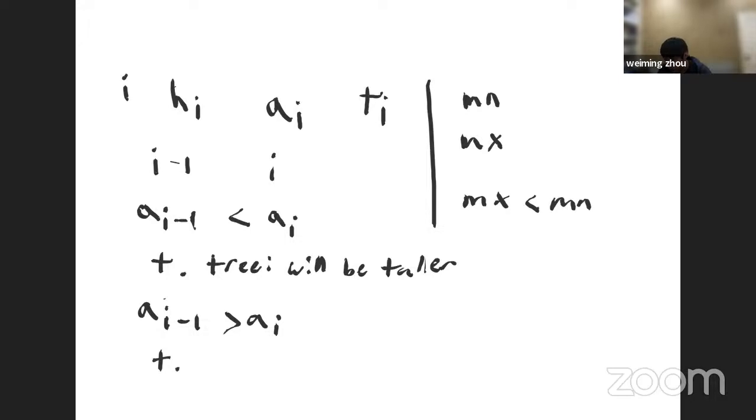It might be possible that at time 0, the i minus 1 tree is already taller. But if that value is positive, then the answer cannot be lower than this time, since if it's lower, then h of i minus 1 is still smaller than h of i. So we can use this to update mn, and I'll get to how we calculate that later.